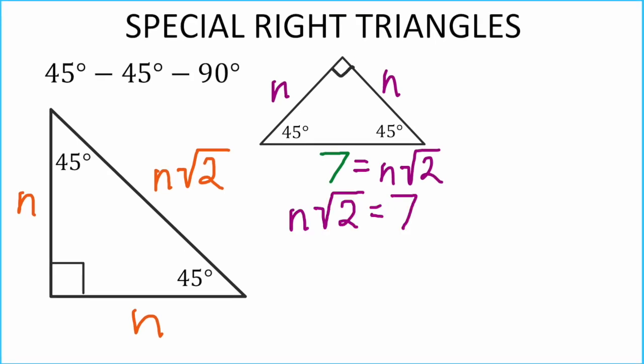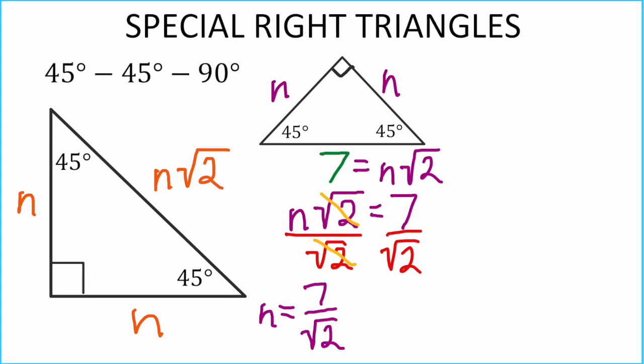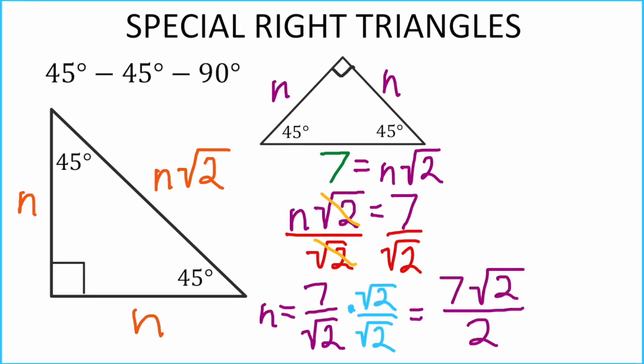Divide both sides by radical 2, and then we simplify 7 divided by radical 2, multiplying by radical 2 over radical 2, and we get 7 radical 2 over 2. This time we can't simplify the 7 and 2, so that is the length of both of your legs.